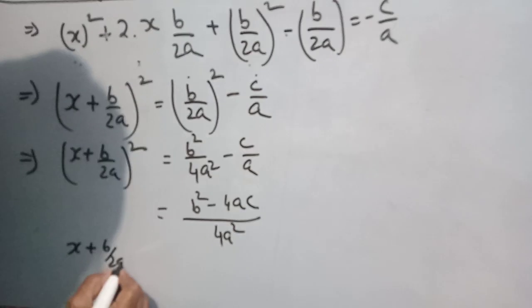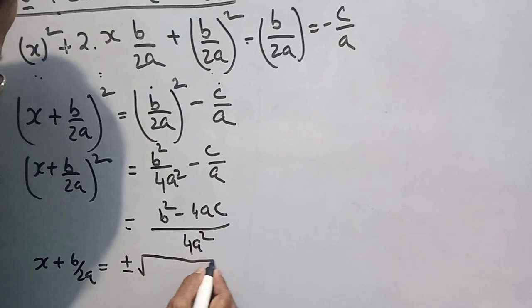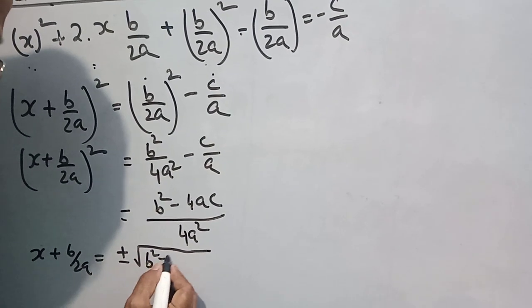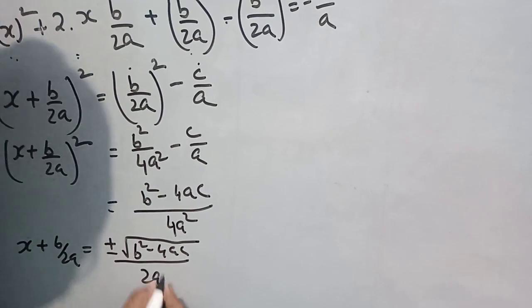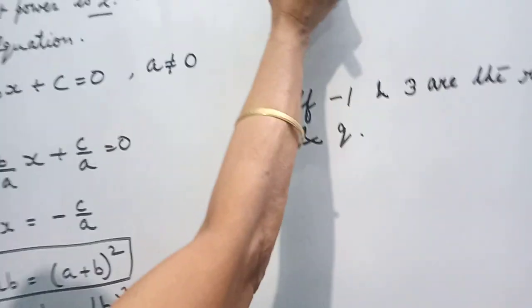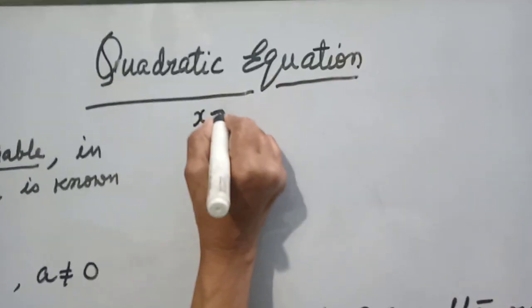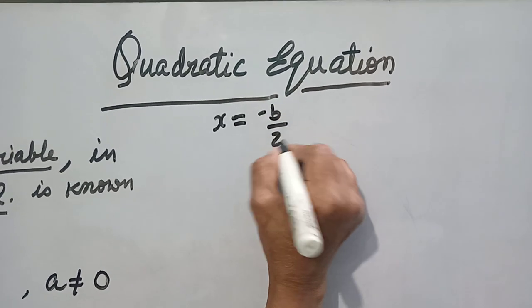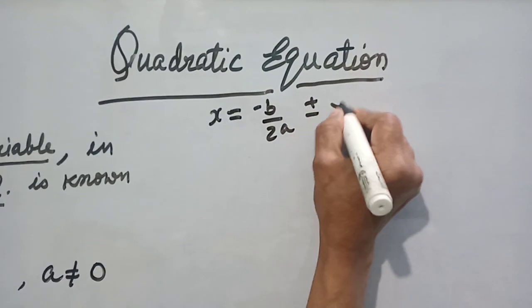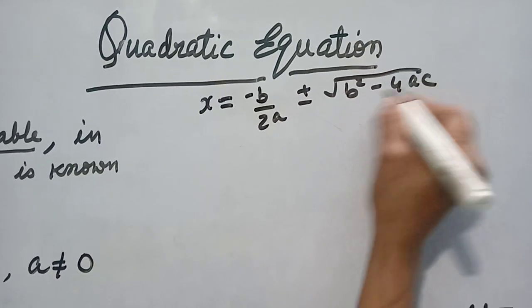You can take the square root, plus minus, of this b square minus 4ac divided by 2a. So I can write this as x equal to minus b by 2a plus minus under root b square minus 4ac divided by 2a.